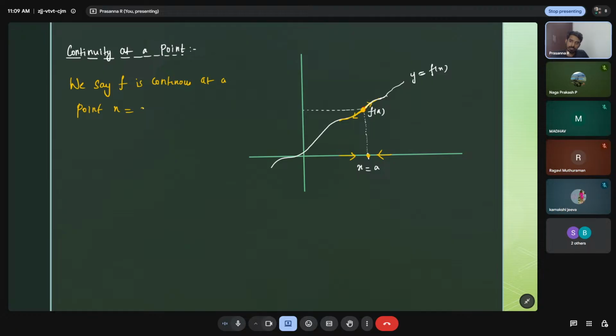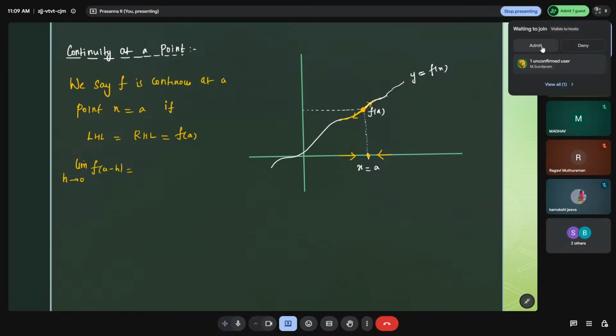At a point x is equal to a, if your LHL and your RHL and f of a all are equal. Now what is the formula for LHL? Limit h tending to 0 f of a minus h. And what is the formula for RHL?